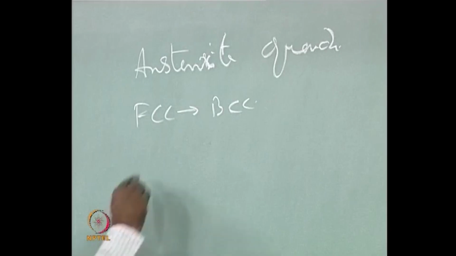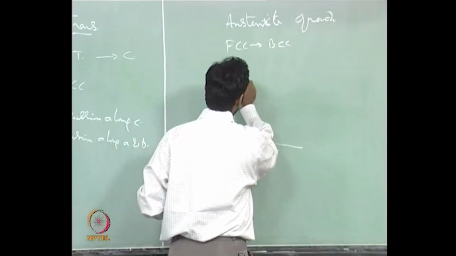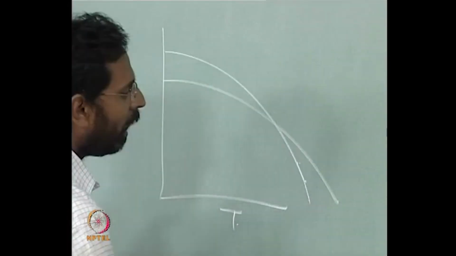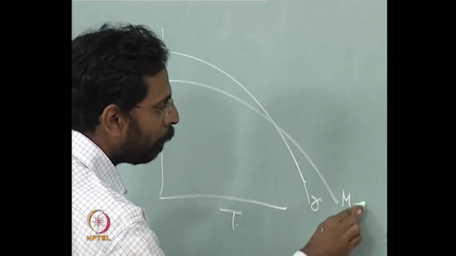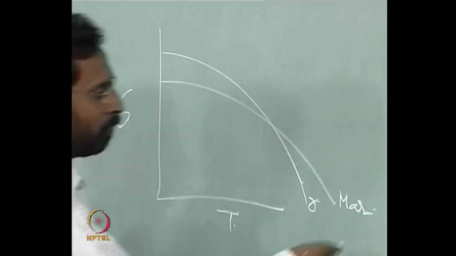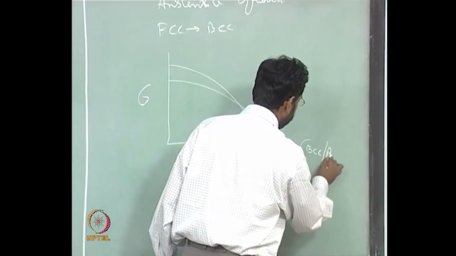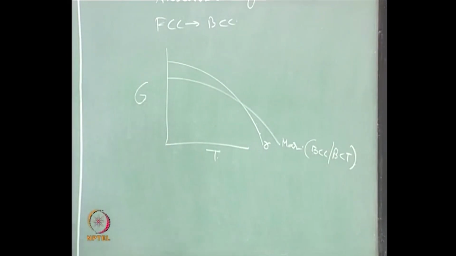So, if I draw the free energy versus temperature diagram, you would see a transformation something like this. At higher temperature it is the gamma that is stable, at lower temperature it is the martensite that is stable. Martensite in principle could be a BCC martensite or a BCT martensite depending on the type of situation.